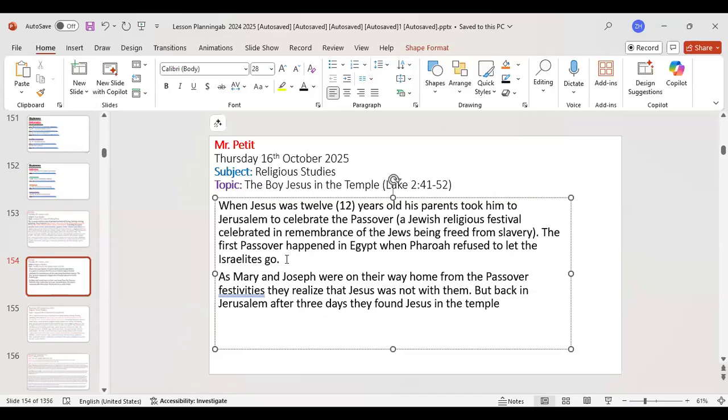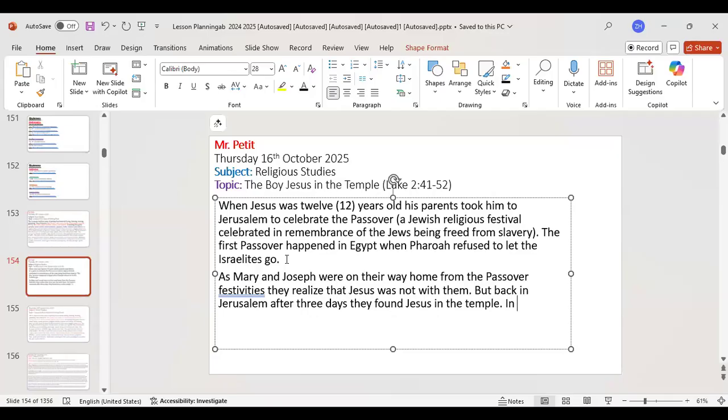What was he doing? He was teaching the rabbis. He was speaking with the rabbis, talking and communicating with them, helping them understand the true meaning of the scriptures.